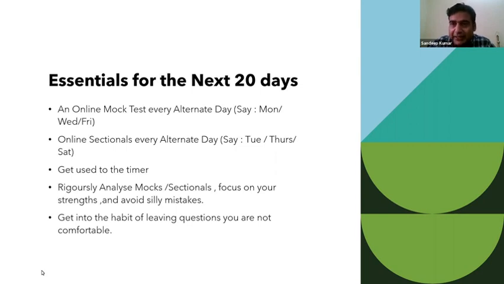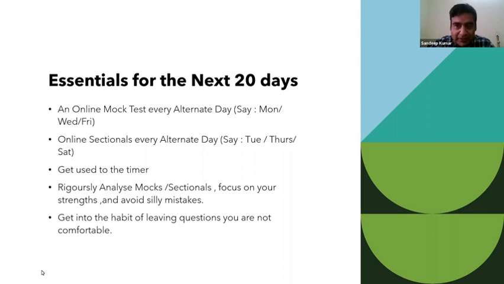So can I take 3 mock tests every week, let's say on a Monday, a Wednesday, and a Friday, sitting for 2 hours at the same time at which my actual CAT is scheduled? My biological clock, my body, is oriented to take the test at that particular point in time.